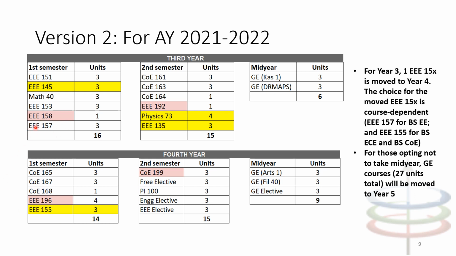So it is 157 which is moved to the fourth year. Okay, then if we add all the units scheduled for the mid-year, that's a total of 27 units. So those students who would opt not to take mid-year can actually simply move these GE courses to the fifth year.